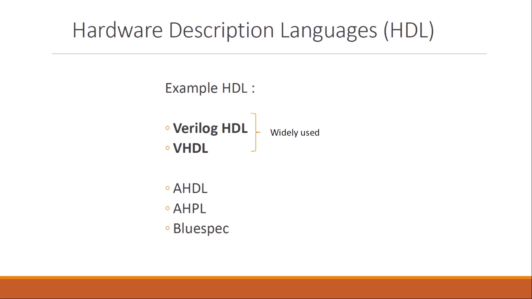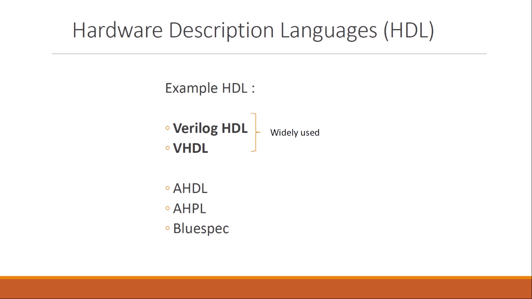Now, if you look at hardware description languages, there are multiple options that you can go with. Just like in software programming, you have multiple options for the programming language you use, things like C, Java, Python. So in HDL also, you have multiple options.